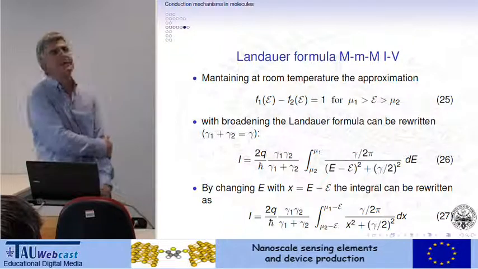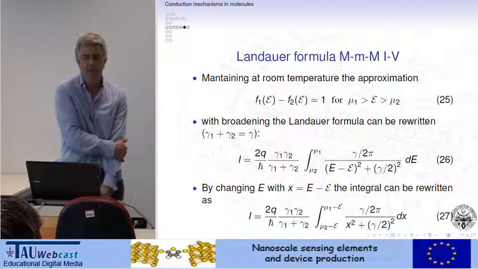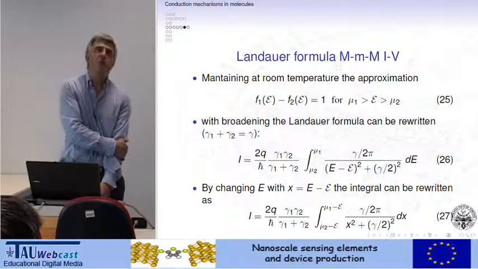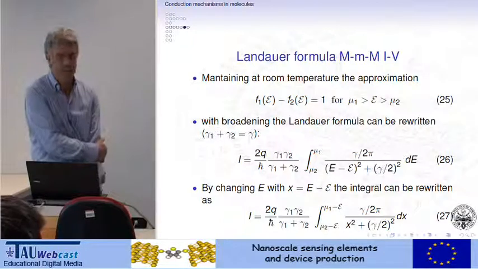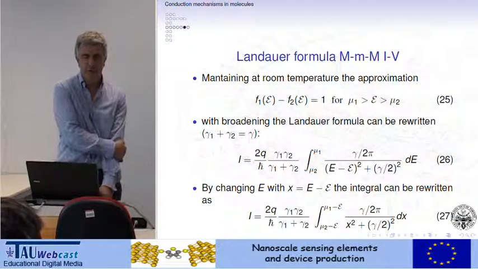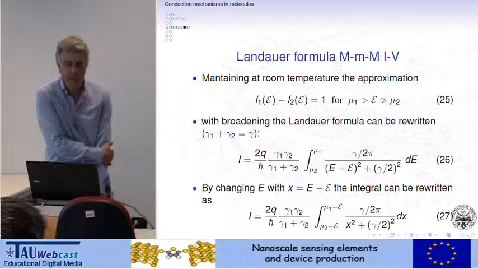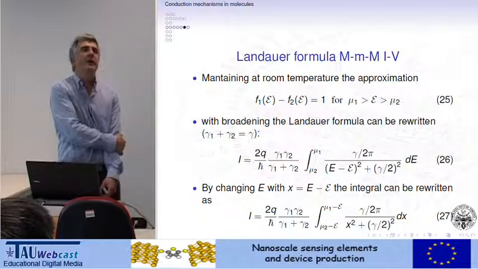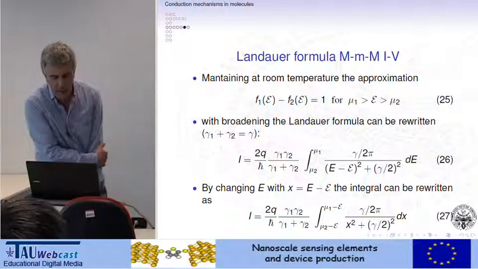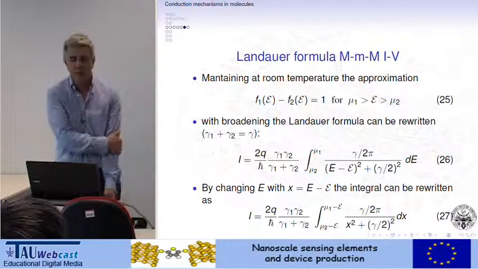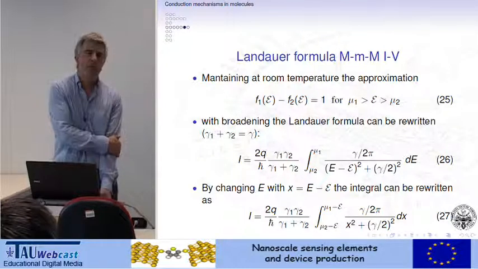In other words, we can say again that the difference between F1 and F2 for energy between the two values of the Fermi level on the left and on the right electrode is equal to 1. And only there; outside this interval, that difference is equal to 0, because you know that out of this interval, the two Fermi functions will be either both 1 or both 0.